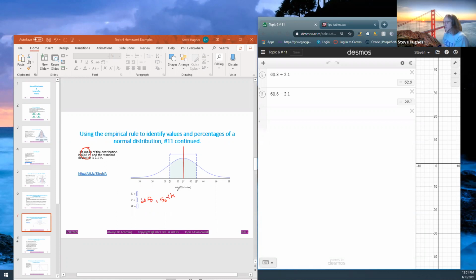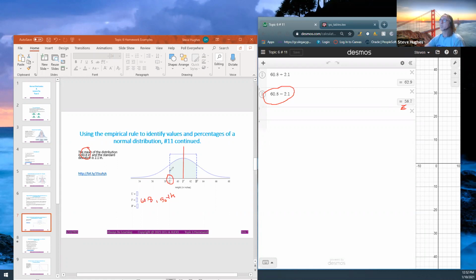Now, U and W are equal distance from the mean along the x-axis, all right? You can see the U is between 58 and 60. So if I take a look at my calculator and I take 60.8 minus 2.1, that is 1 standard deviation, I get 58.7 right here. 58.7 is approximately what the value of U is right there.